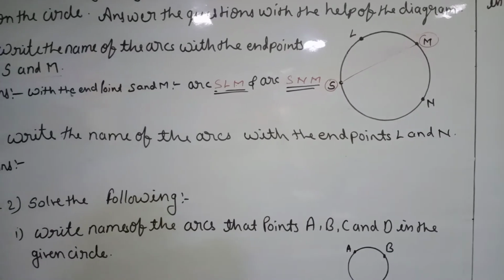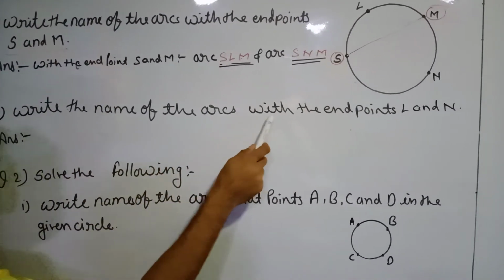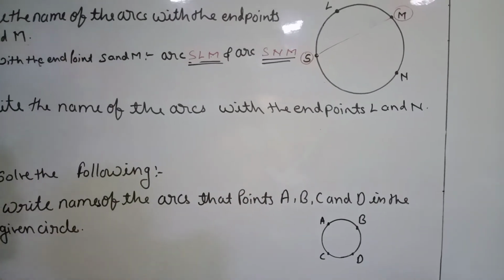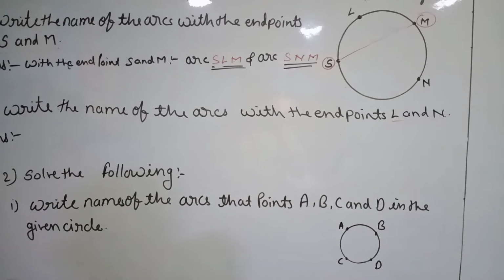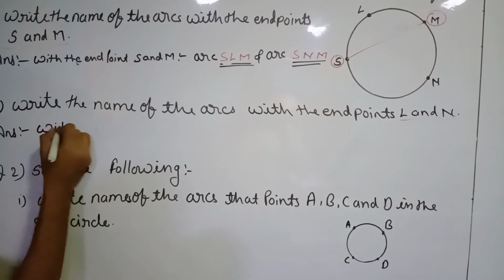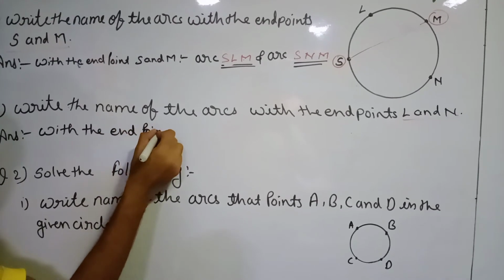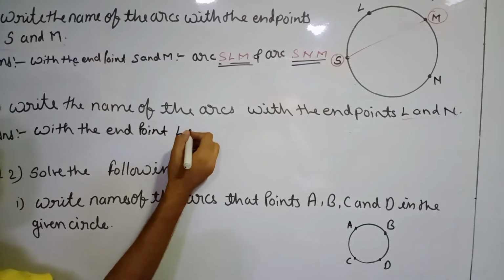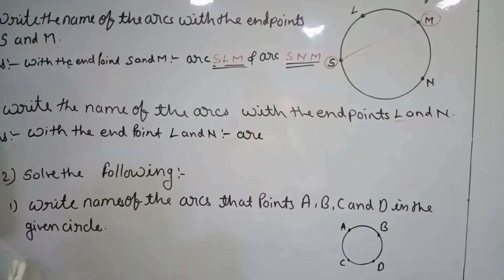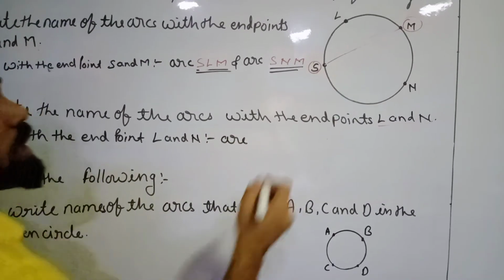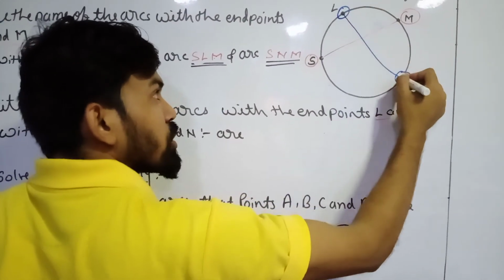Now come to question number 2. Write the name of the arcs with the endpoints L and N. Now we have to write with the endpoints L and N. So first let's see L and N. Now we have to match these two.